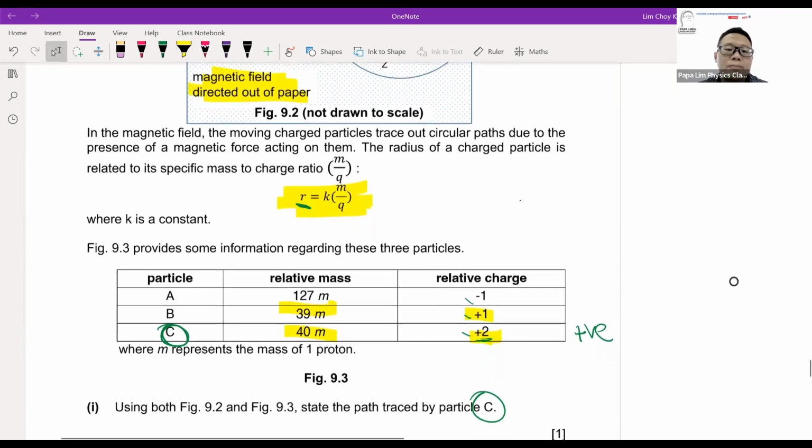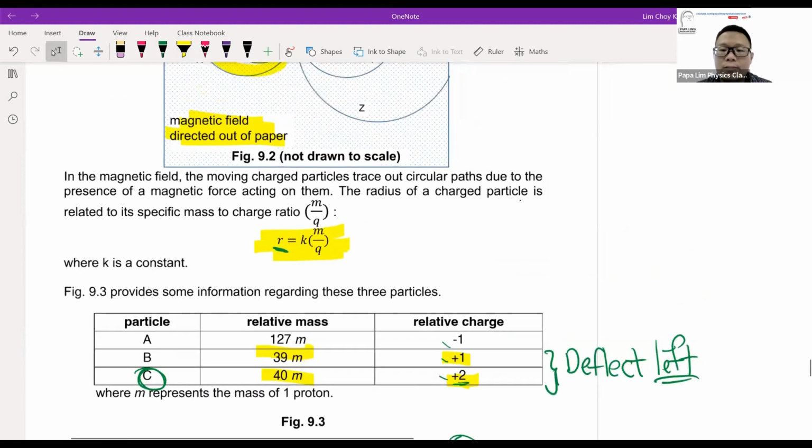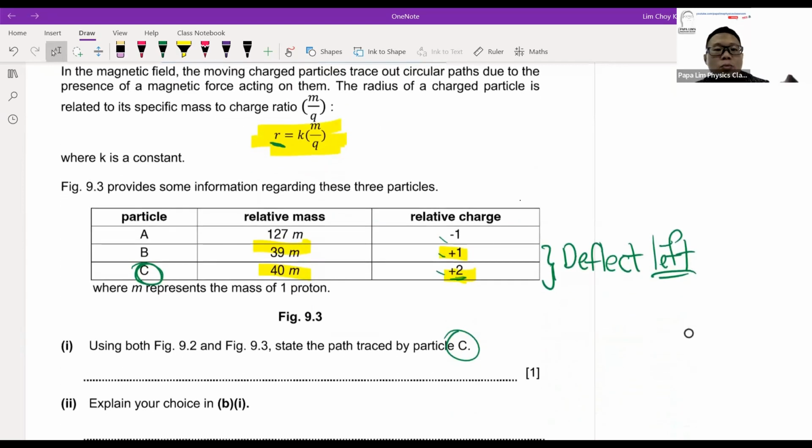Since both of them are positive charge, they'll deflect to the left. But on the left, there are two paths, W and X. So how do I know which particle will do W and X? That's whereby this information, radius, is important.